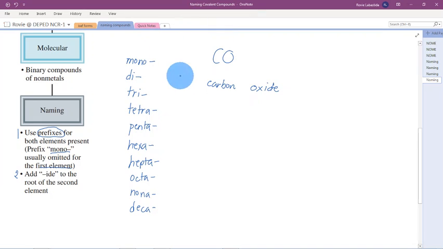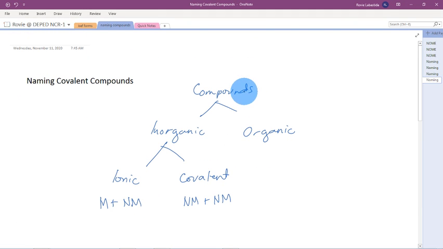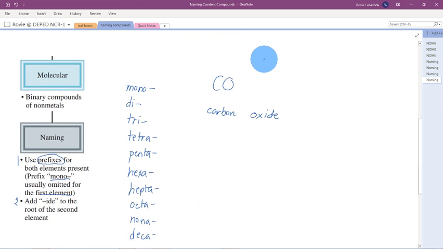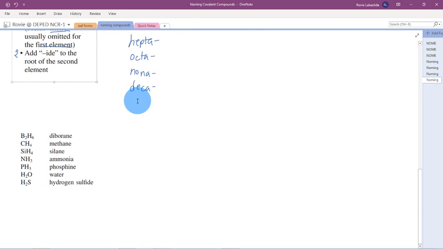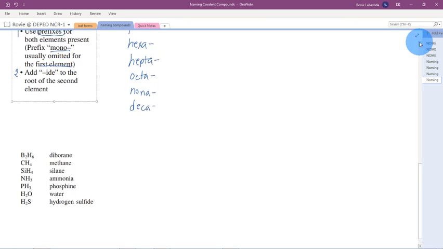We cannot use mono at the beginning because according to the rule, mono is usually omitted for the first element. But that is only for the first element, so we can use mono for the second. Let me just adjust the frame.